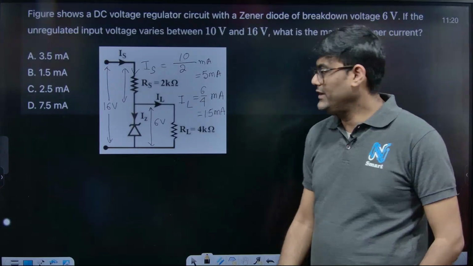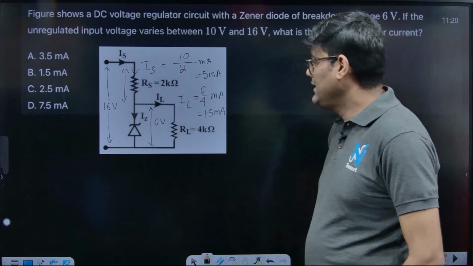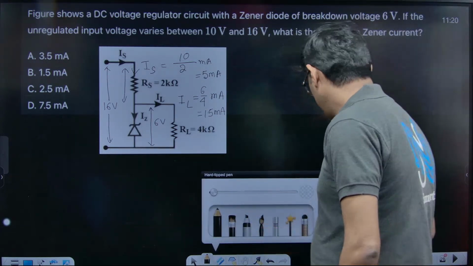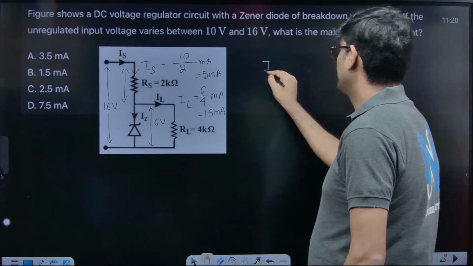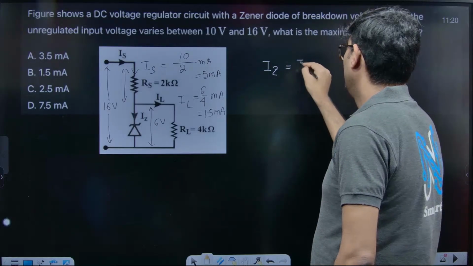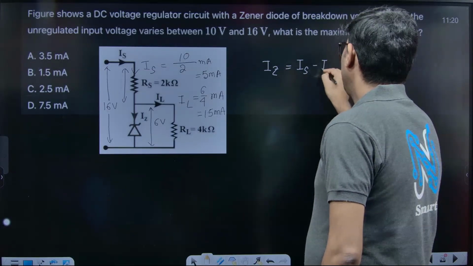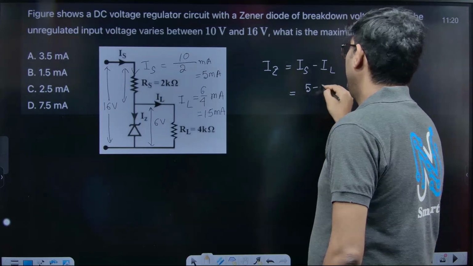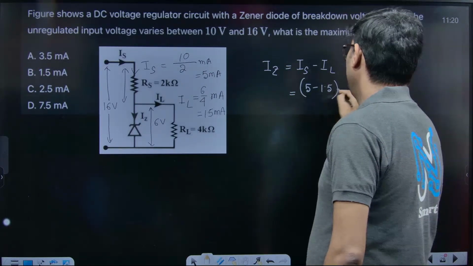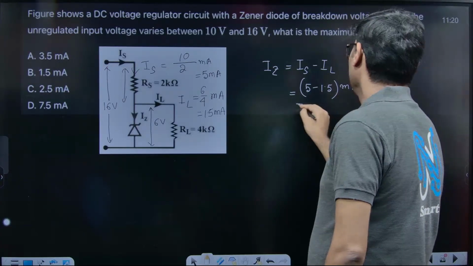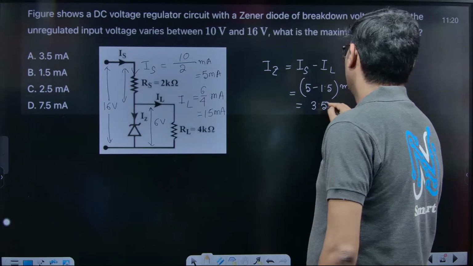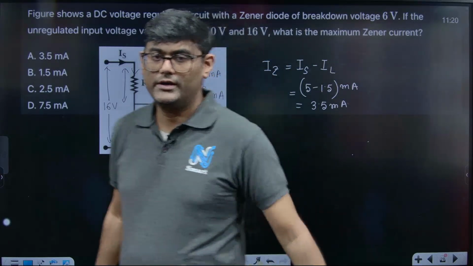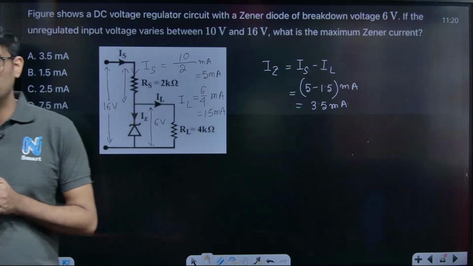So the rest of the current is Is minus IL, which is 3.5 milliampere. That would be the answer of this question. Iz is Is minus IL, which is equal to 5 minus 1.5 milliampere, which is 3.5 milliampere, right? Have you got it? Can we move to our next question?